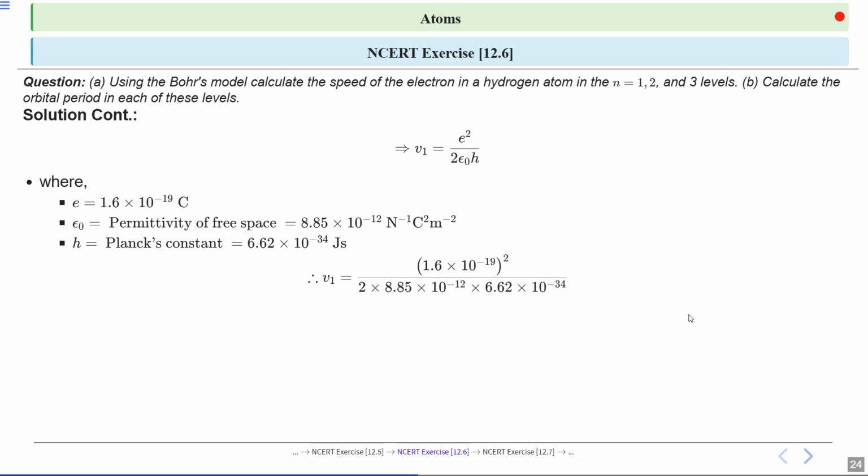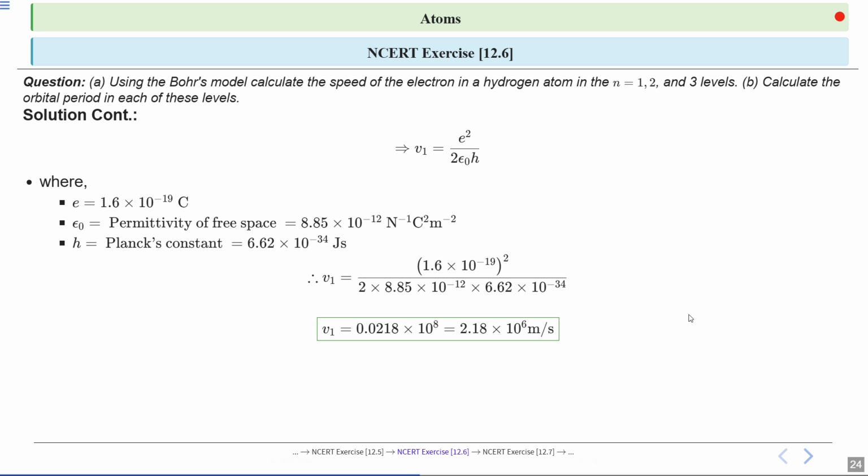Let's substitute these values into our formula for v1. We have v1 equals 1.6 times 10 to the power minus 19 squared divided by 2 times 8.85 times 10 to the power minus 12 times 6.62 multiplied by 10 to the power minus 34.